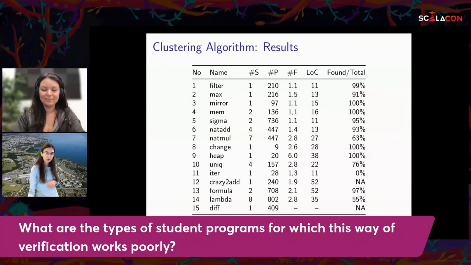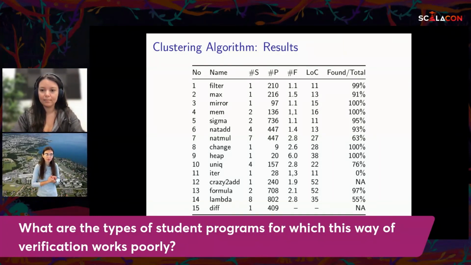So this works poorly here because the student solutions to this exercise, so the exercise is about checking whether some formulas are valid or not. And you can see here that it has up to around 2 to 3 functions per solution. And so those functions can be implemented in very various ways.